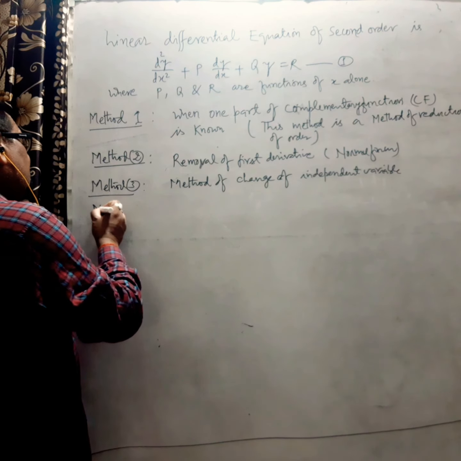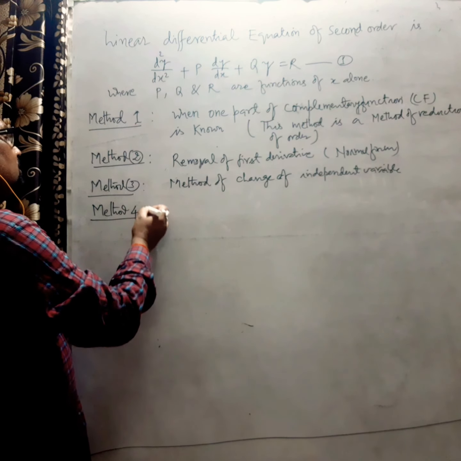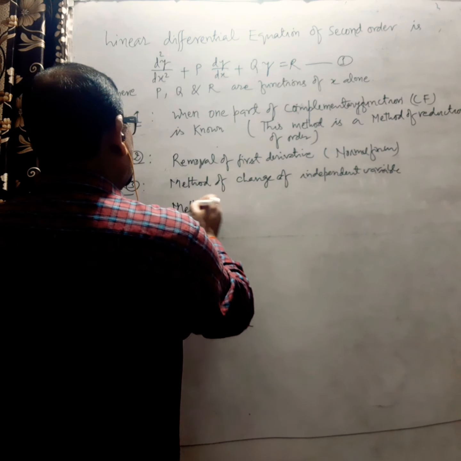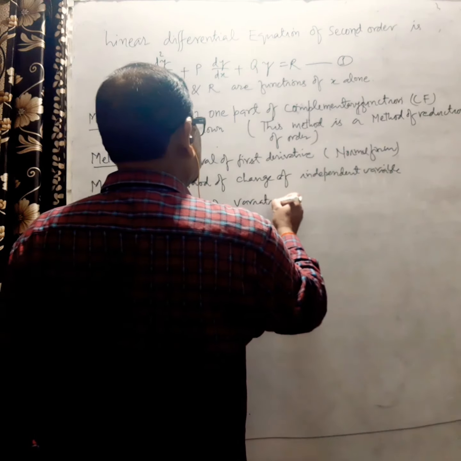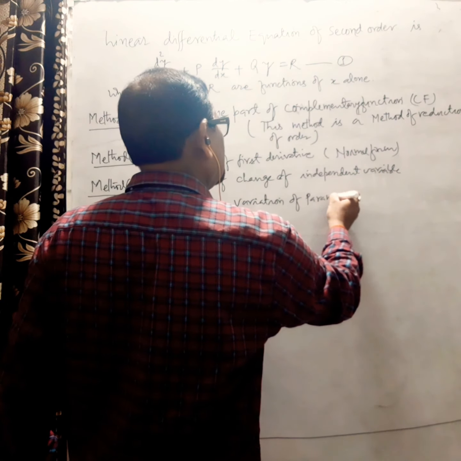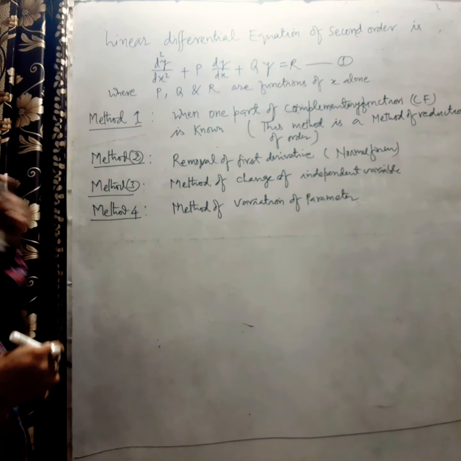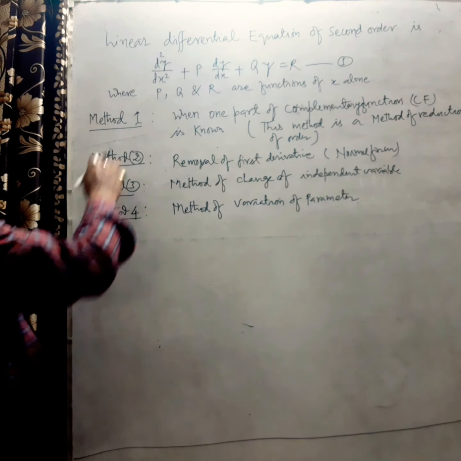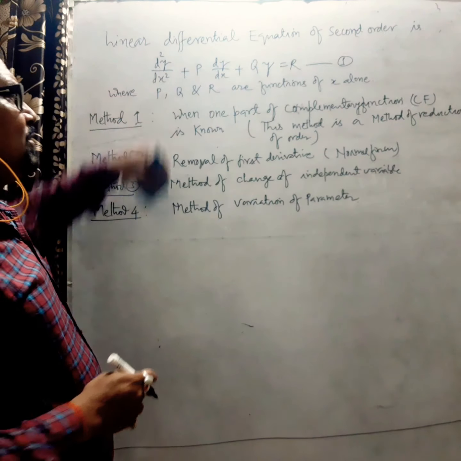The last method, method number 4, is the method of variation of parameter. These 4 methods are very useful to solve differential equations.